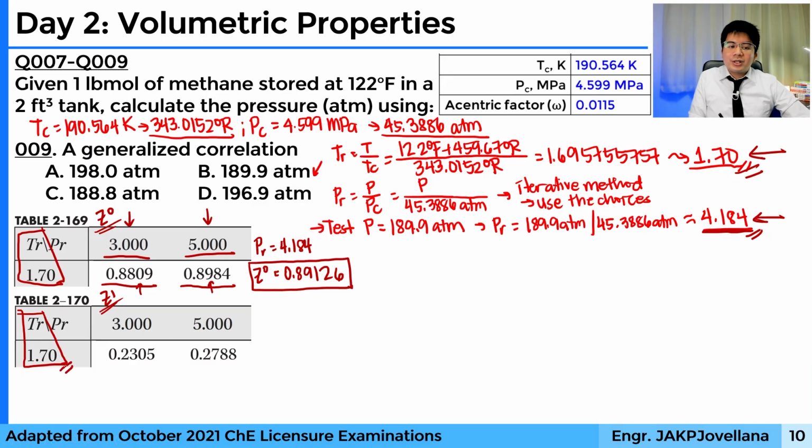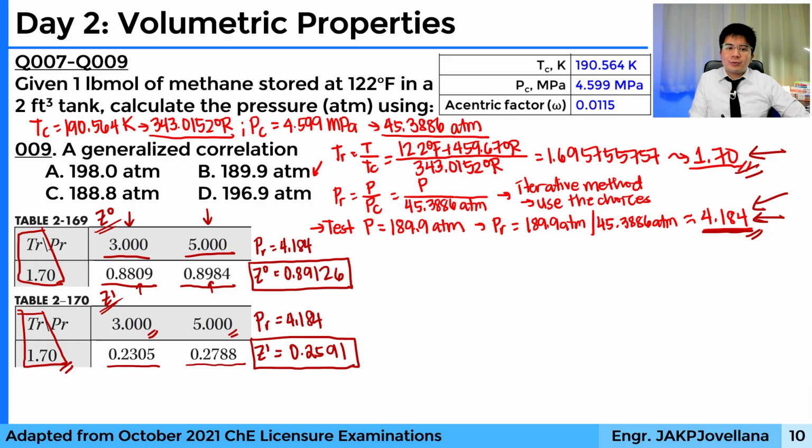At TR equals 1.7, when PR is 3, the value of Z1 is 0.2305, but when the value of PR is 5, the value of Z1 is 0.2788. Using our value of P sub R, or reduced pressure, when P sub R is 4.184, we can interpolate for the value of Z1, which we can obtain as around 0.2591.